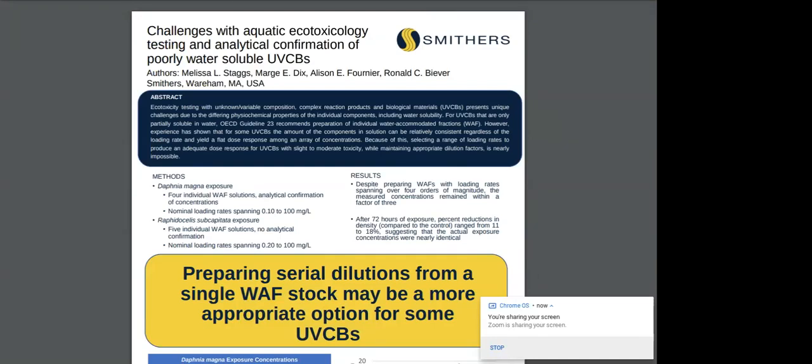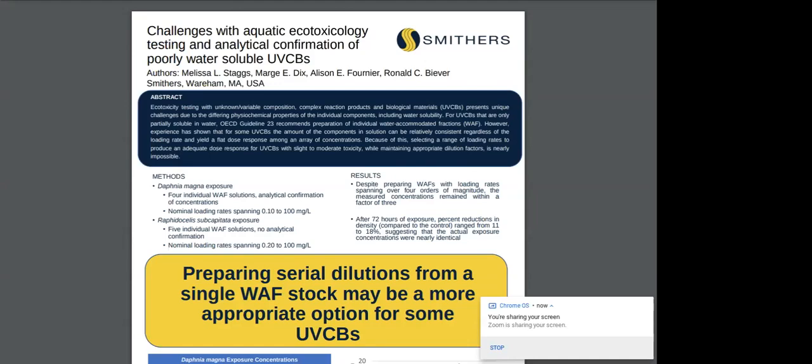As you can see here in big letters in the middle, what we found from our research is that preparing serial dilutions from a single WAF stock may be a more appropriate option for some UVCBs. So the OECD Guideline 23 recommends that we actually prepare individual water accommodated fractions, or WAF solutions.